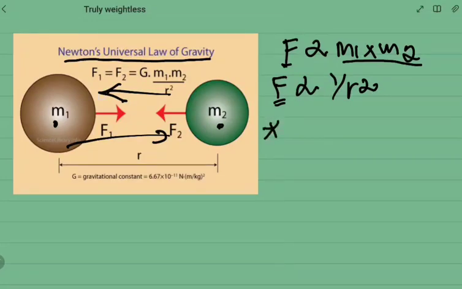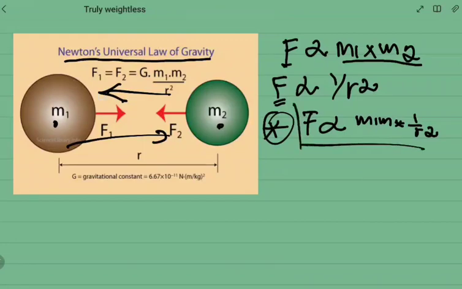Now the logic we can put here is that the force of attraction between two masses, which is always attraction, is directly proportional to the product of mass 1 times mass 2 and 1 over r squared. So this proportionality is turned to equality by multiplying by some constant.